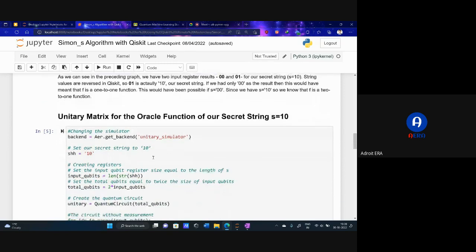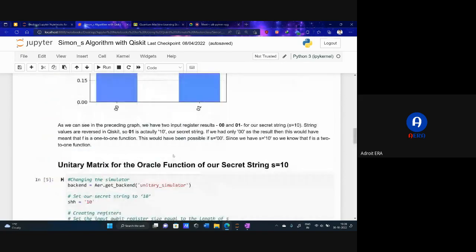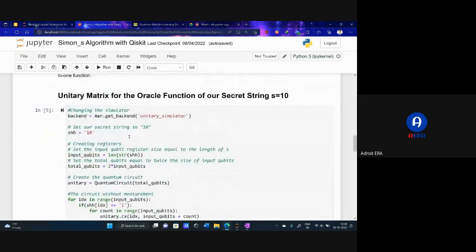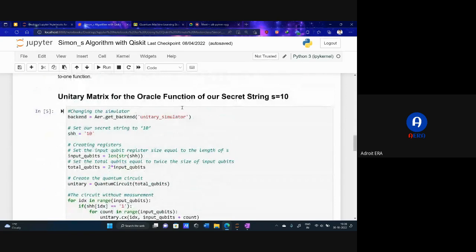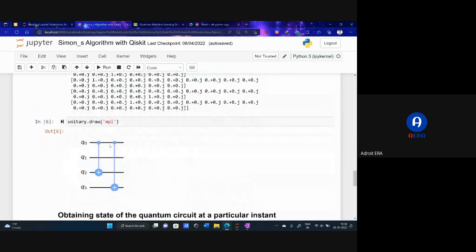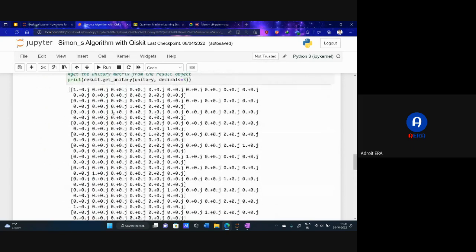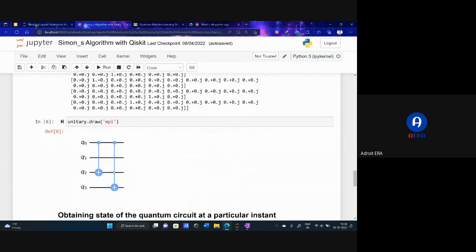And then this is nothing, that's it. So Simon's algorithm is complete till this part. This is just some extra code. If you would like to print the unitary matrix for the secret string, basically this is our unitary. So if you would like to plot it, what will be the unitary matrix of that 4 qubit thing?